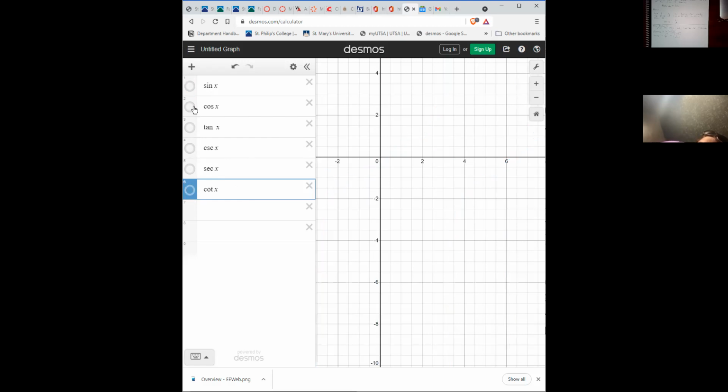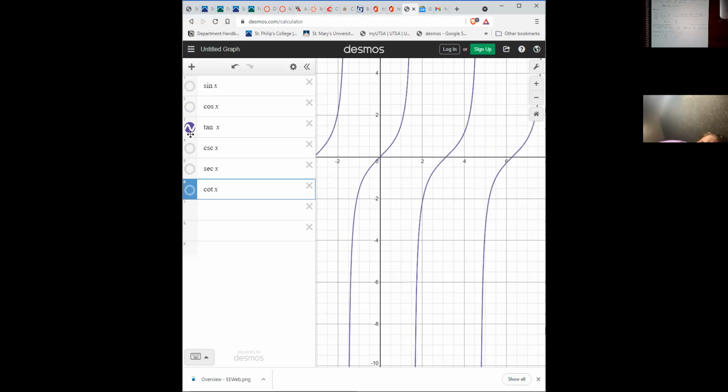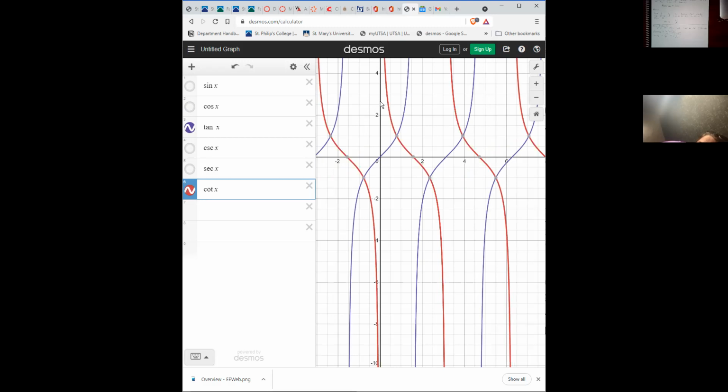Reciprocal of cosine is secant. So see, very similar. It's just shifted a little bit to the left, all right? Because they have a different starting point. Tangent and cotangent are just really mirrored.